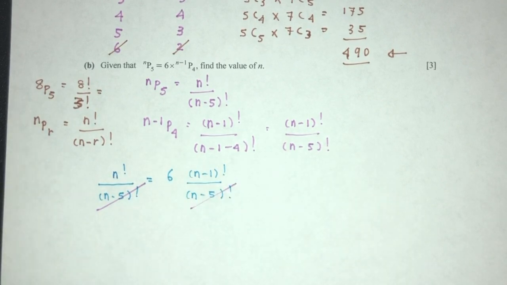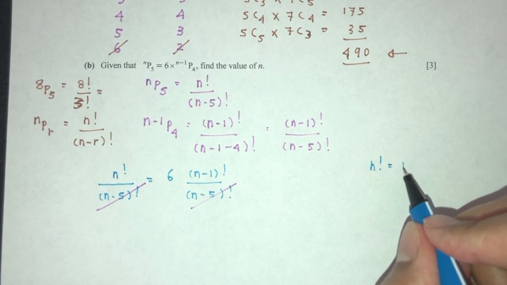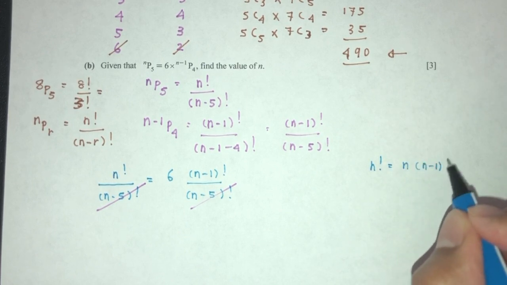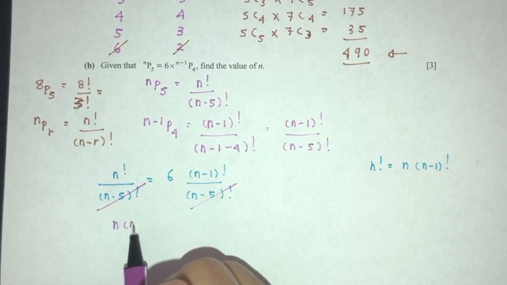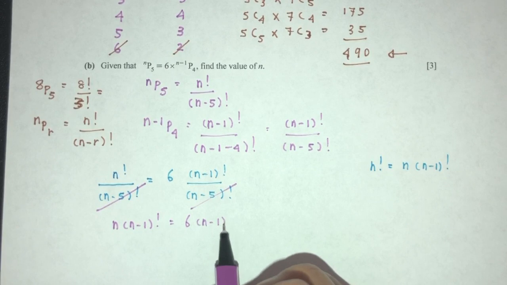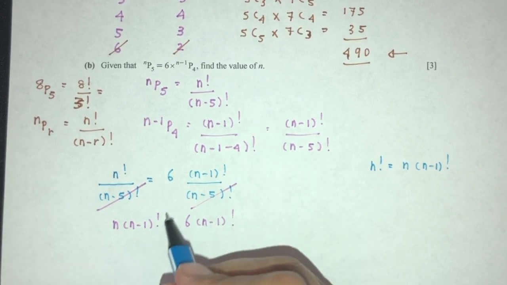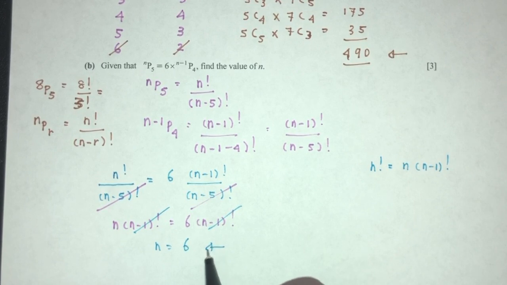Now we have to understand what is n factorial. n factorial is the same thing as n times n minus 1 factorial. Replace, you will have n times n minus 1 factorial is 6 times n minus 1 factorial. So these two will cancel out, and n will be the value of 6.